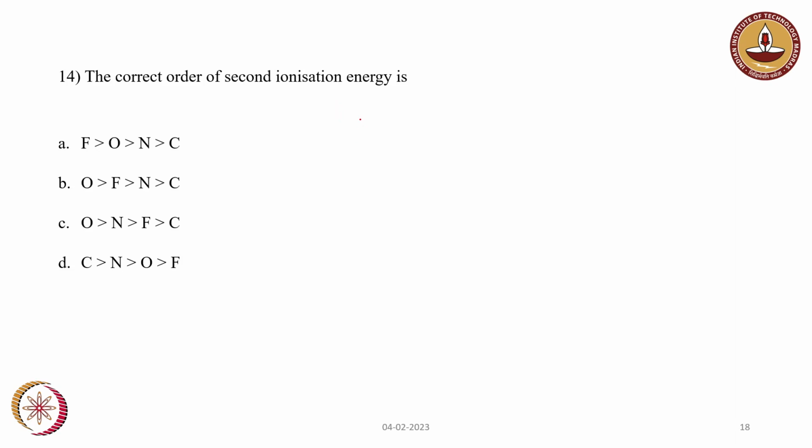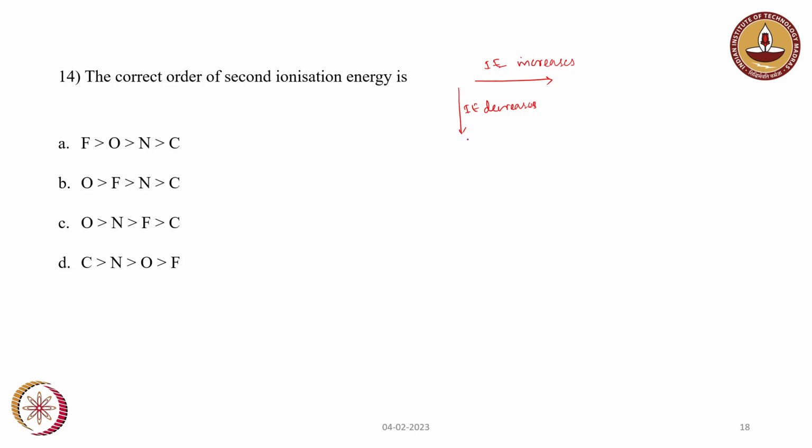The ionization energy increases when we move along a period, and when we go down the group, ionization energy decreases, because ionization energy is the energy required to remove one electron from an isolated gaseous species.